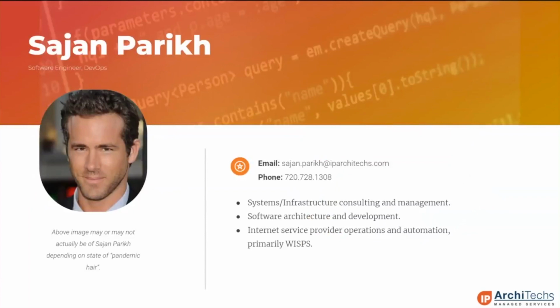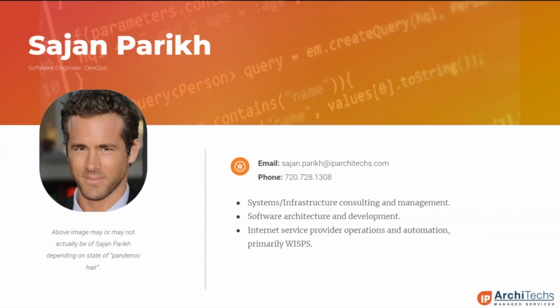My background started off as the infrastructure systems guy in a fairly scaled virtual environment, providing managed services. From there, I became more of a software architect and developer. And more recently, I've been working with a lot of service providers, specifically WISPs, which we'll get into in a second. That work was a lot more operational as much as it was technical.